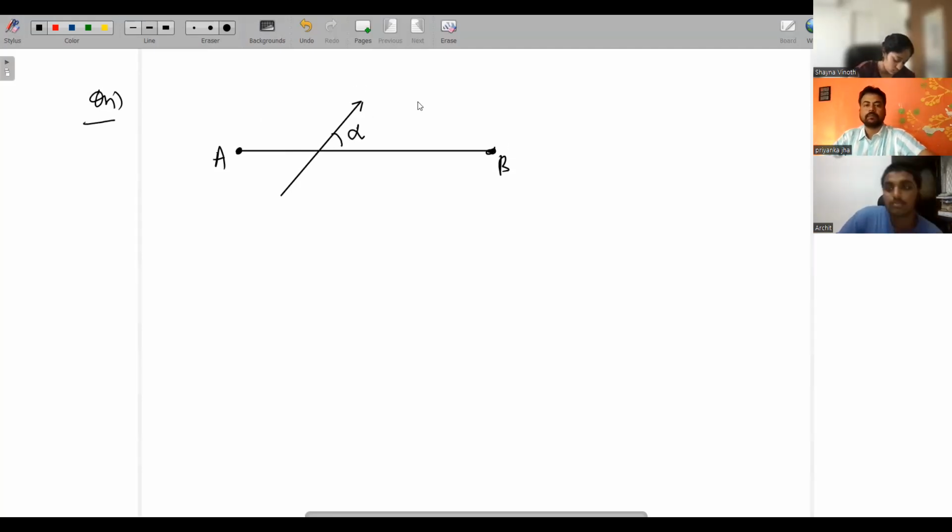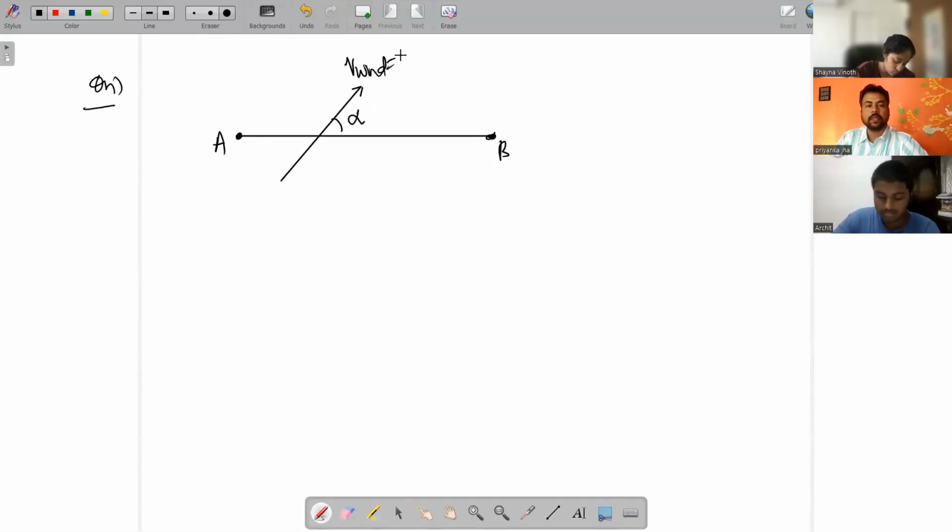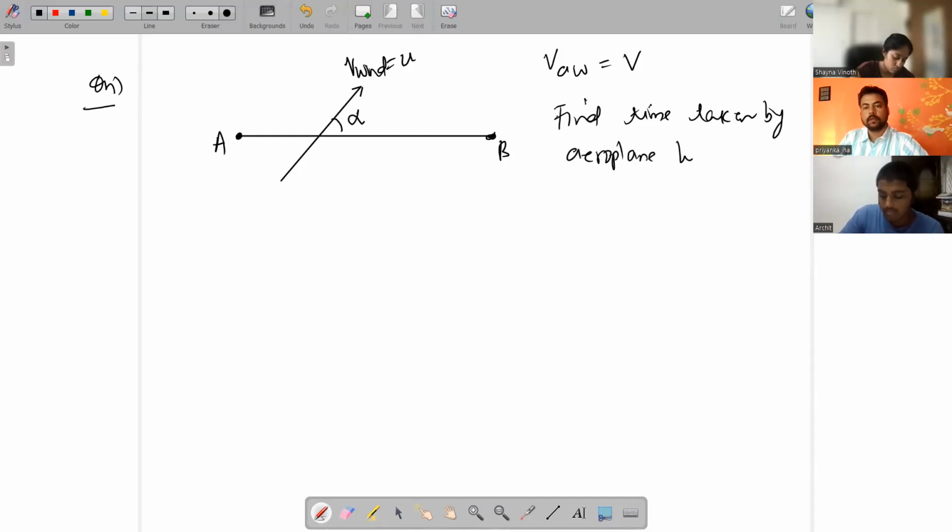And the velocity of wind is given as u, and the velocity of the aeroplane with respect to wind is also given as v. So you have to find the time taken by the aeroplane to travel from town A to town B. Solve it.